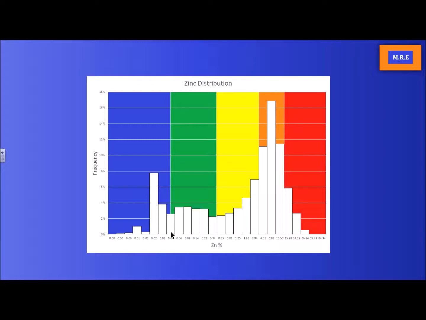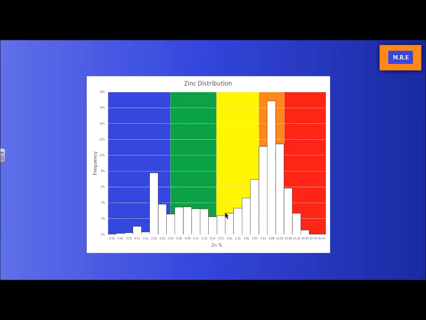I see this medium population that's not really that interesting to me, but I want it to be distinct from this low grade population and of course the high grades up here. So I'll color all of those assays green.